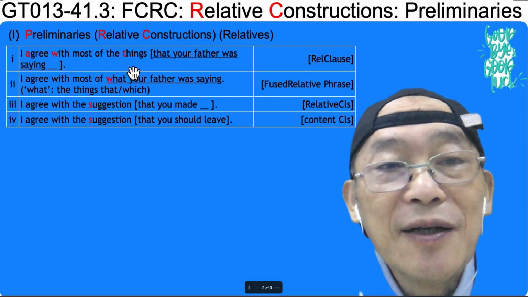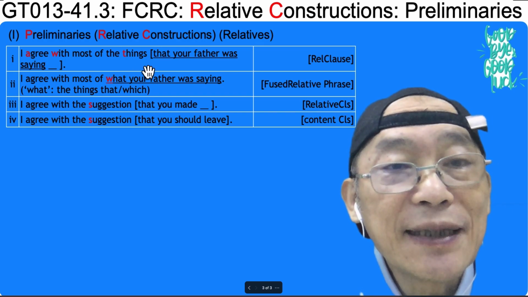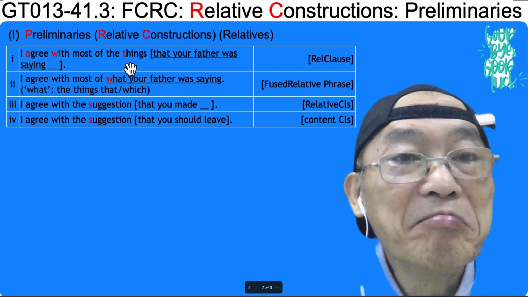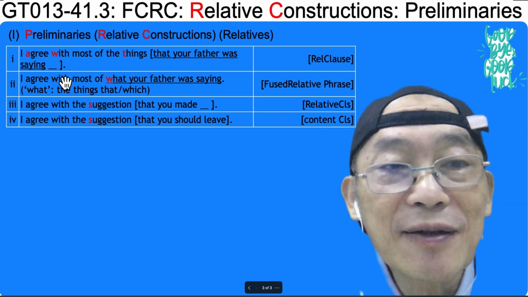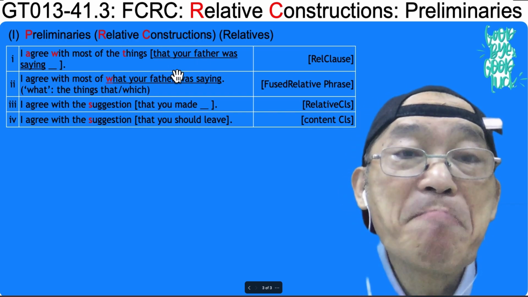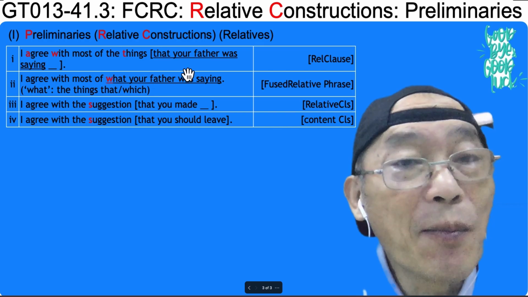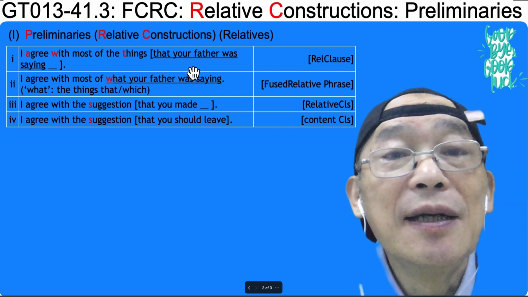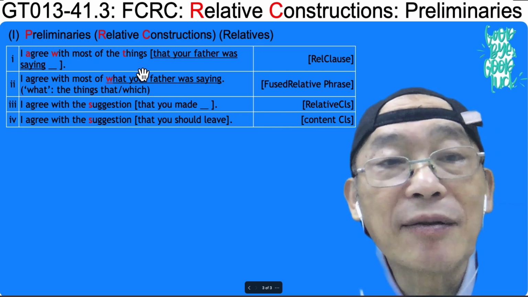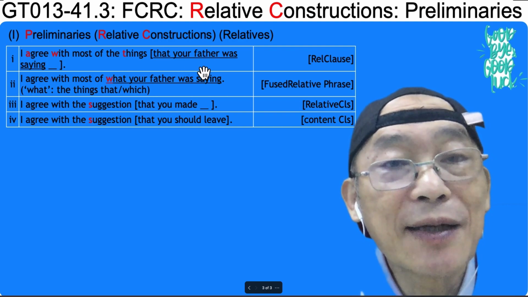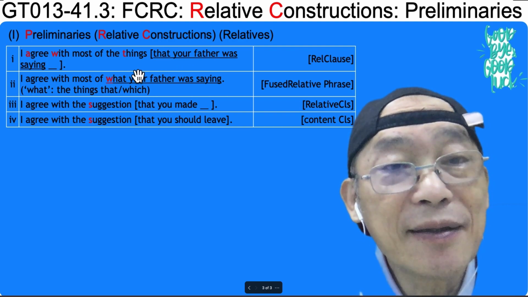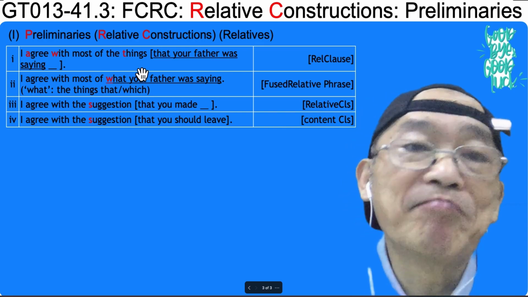Including this antecedent, all of it is a noun phrase. The clause is just a modifier or dependent, modifying this noun. So this is a clause, but the head of this noun phrase is a noun.